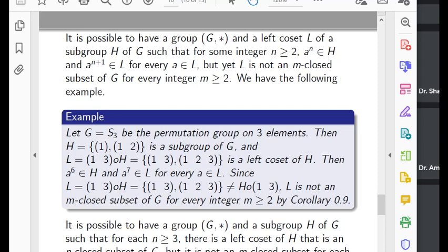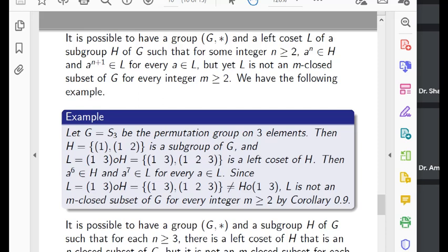If you take the permutation group S3, and you take H, this here, which is a subgroup, and you take this element (1 3), which is not in H, and you form this left coset L. Remember A here is the cycle (1 3).